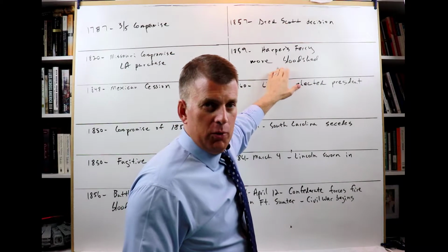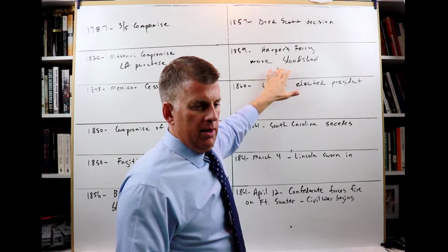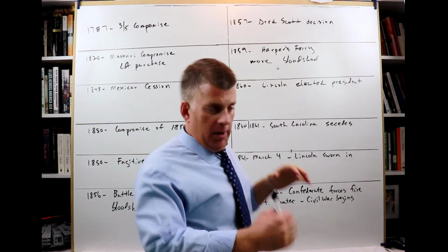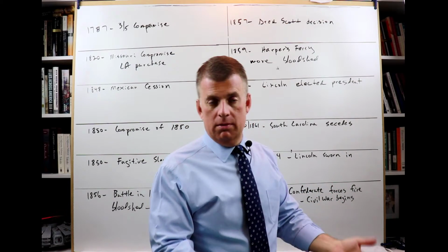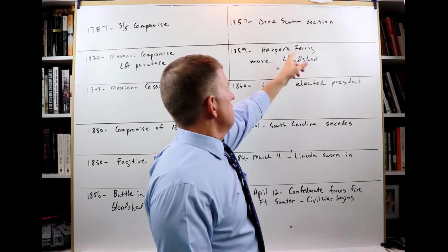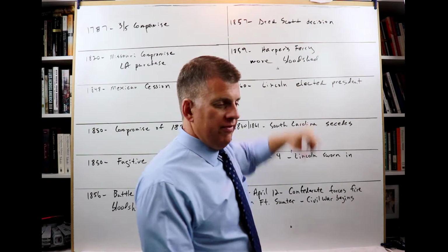He led a group of people, and they raided a federal arsenal, a building that held a lot of weapons, a lot of guns, in Virginia, at this town, this little area called Harper's Ferry.